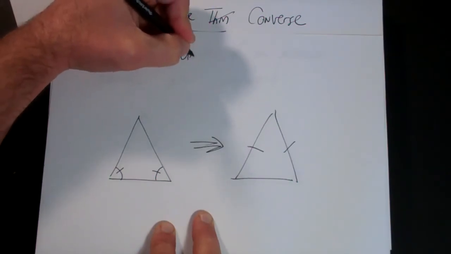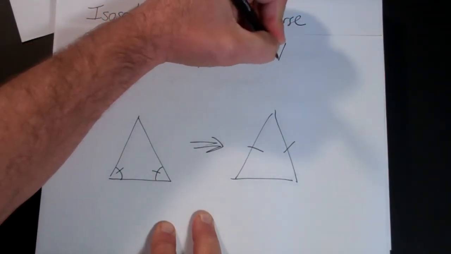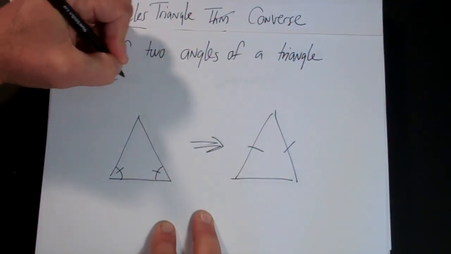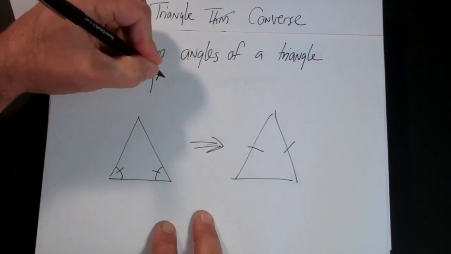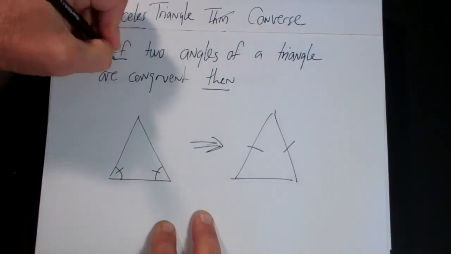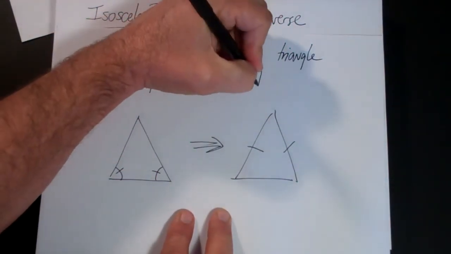If two angles of a triangle are congruent, then, right, we always use the if-then idea, the sides opposite are congruent.